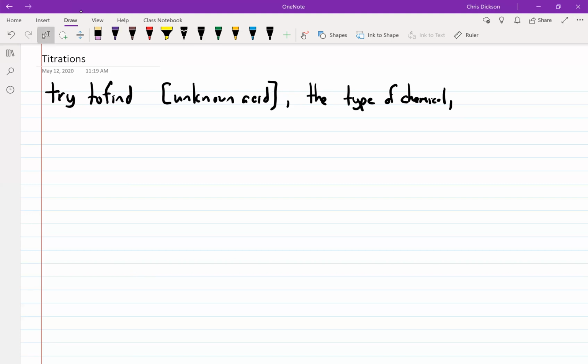You might be trying to find out the molar mass of a chemical, or how pure a chemical is, the percent purity. The list just goes on and on. So the question, what is titration? It's not really a simple answer, other than to say it's a type of procedure or experiment you would do to find out something you're trying to determine about some chemical.